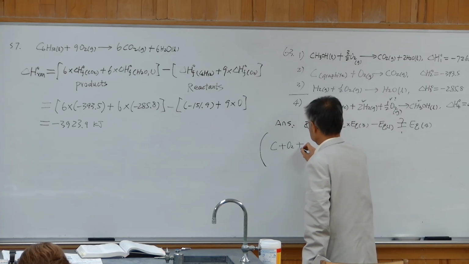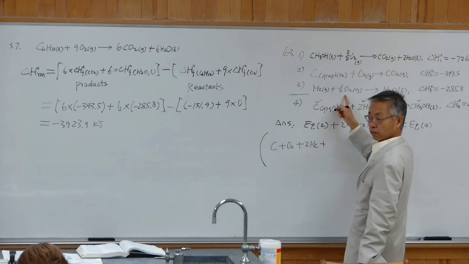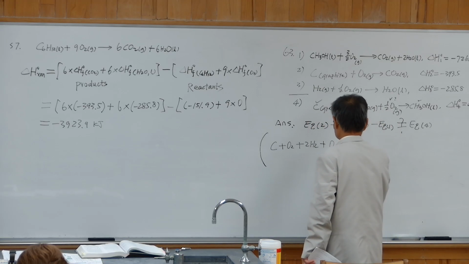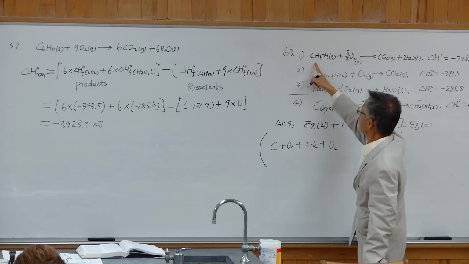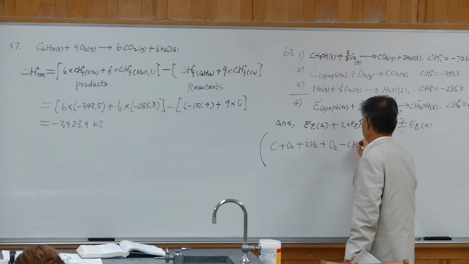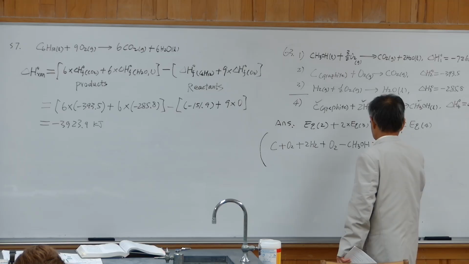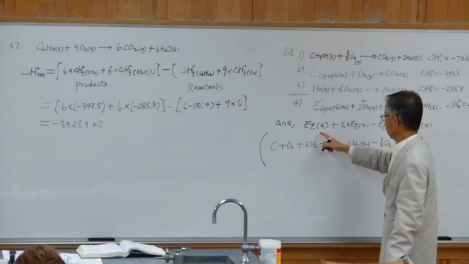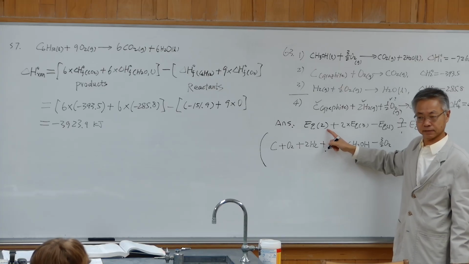2 hydrogen. 2 times 1/2 is 1, right? Oxygen. Then minus equation 1, minus CH3OH, minus 3/2 O2. We finish this formula on the left side, right?